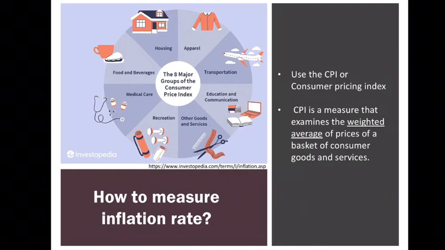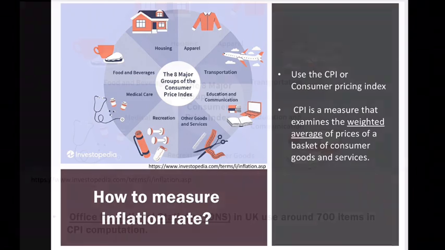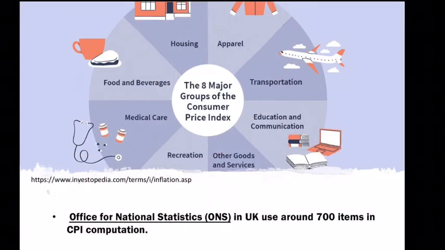There are 8 major groups in the Consumer Price Index in this circle below, and some countries may just choose some items from those groups, put them together, and then calculate the expenditure on the products. For example, the Office for National Statistics in the UK uses around 700 items in the CPI computation.